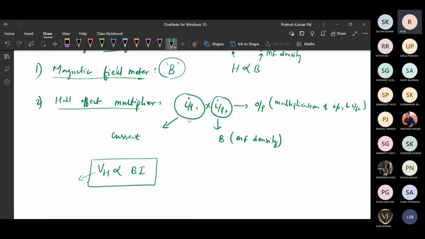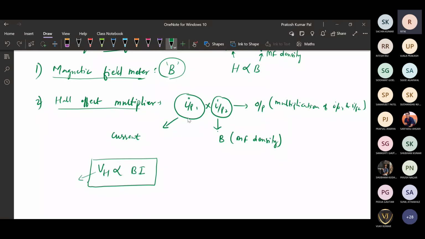Okay, so this is all about the Hall effect. We will just see some questions like how we can implement this concept in the form of an application, like how it will be used.